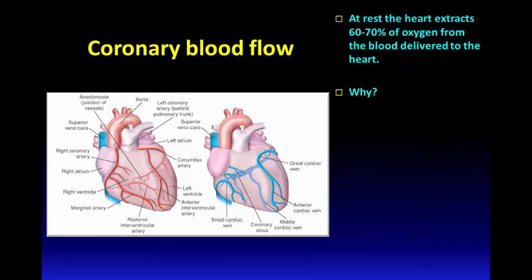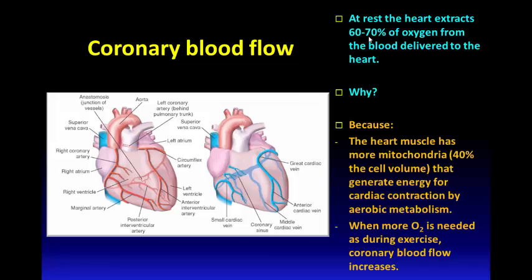At rest, as we mentioned earlier in the lecture, the myocardium extracts 60 to 70% of the oxygen content of the arterial blood flowing through the myocardium. Why is this the case? This is the case because the heart has more mitochondria. Approximately 40% of the cell volume is occupied by mitochondria.